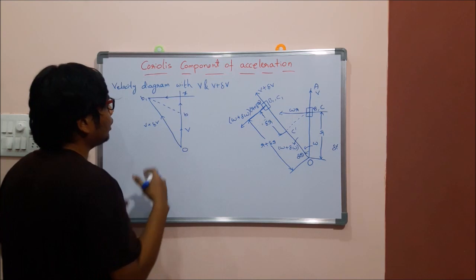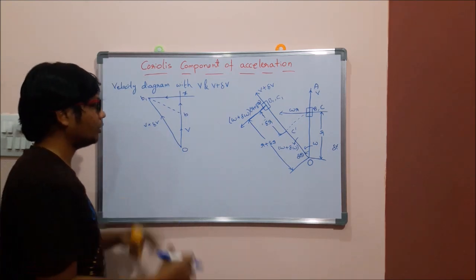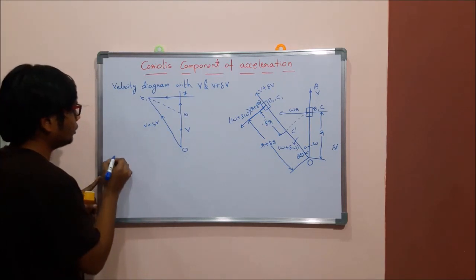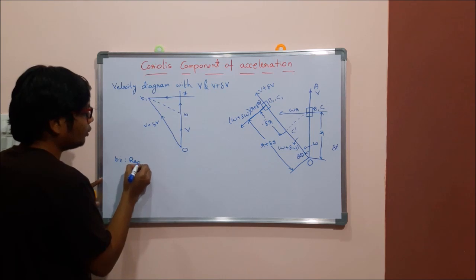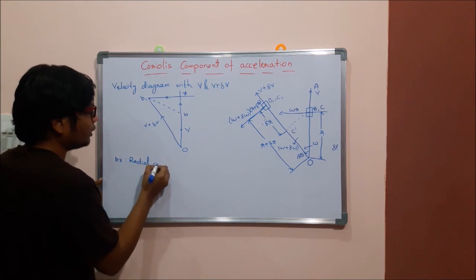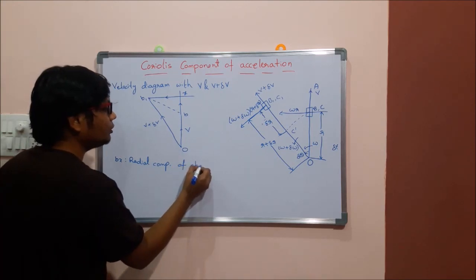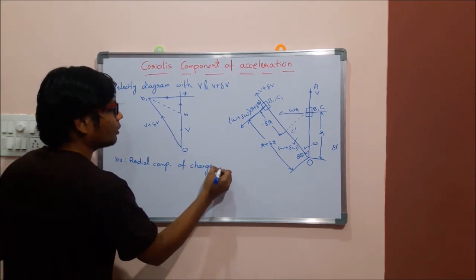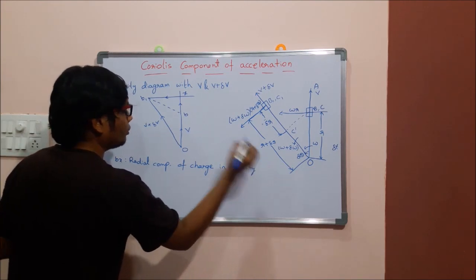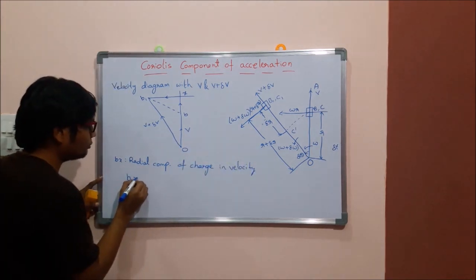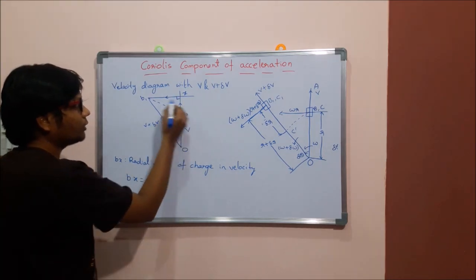Now we write the equations for the two components of change in velocity. First I would like to take bx. What is bx here? It is the radial component of change in velocity. How can we write bx? For that, consider the right angle triangle OXB1.